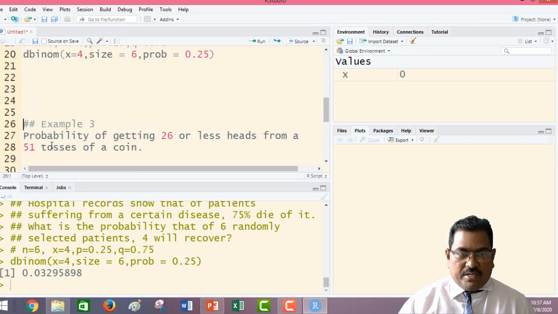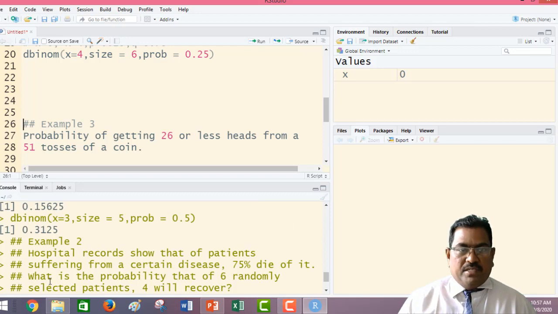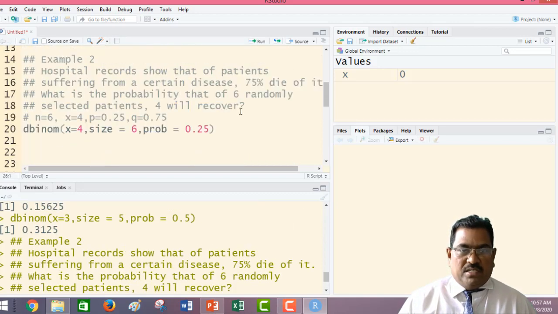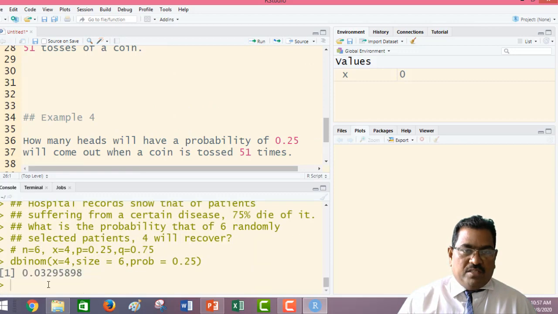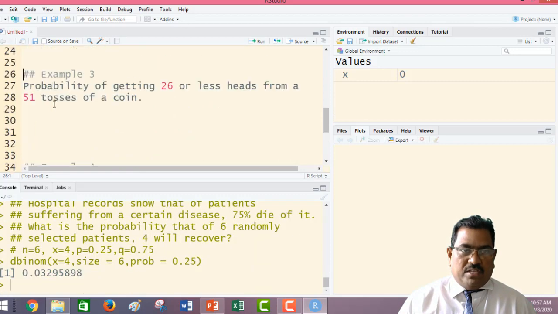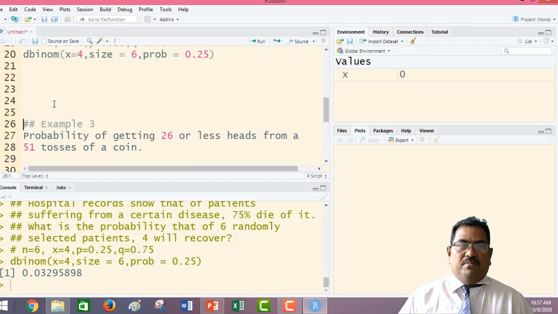Now press Ctrl Enter. So you get the probability 0.0325. So there is a 3% chance that out of 6, 4 will recover. There is a chance of only 3%. You understand the meaning. Meaning is very important.